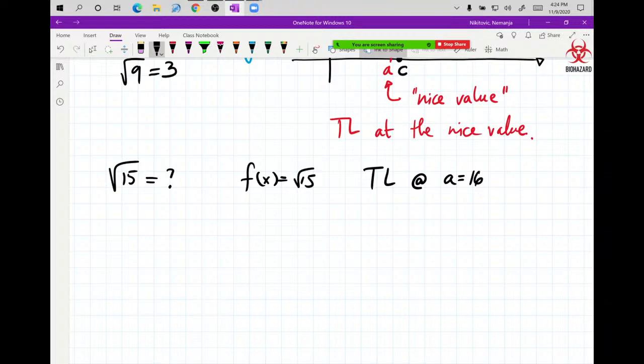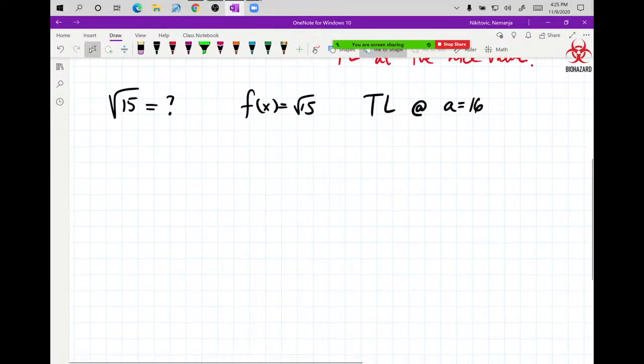The other ones are 9 and 36 and 100 and 225. We have a lot of numbers that are perfect squares, where the square root would be a whole number. But out of all of those nice numbers, 16 is the closest. So I am going to use the tangent line at 16.